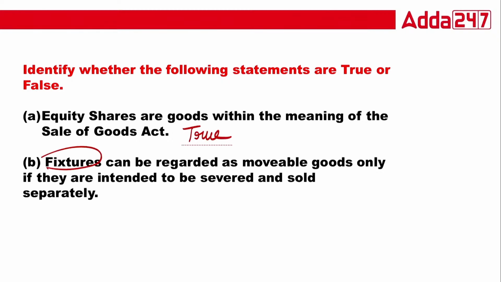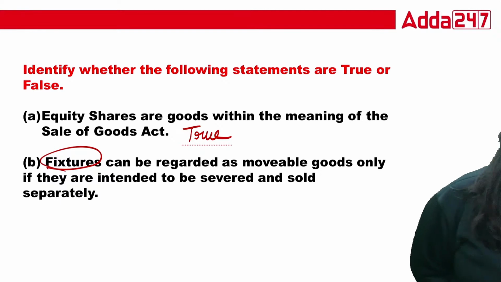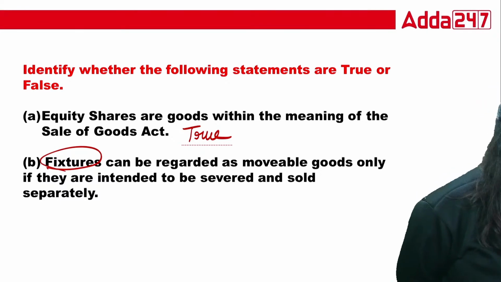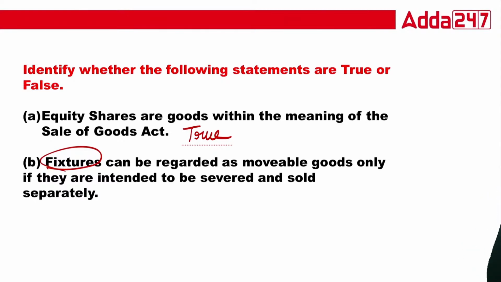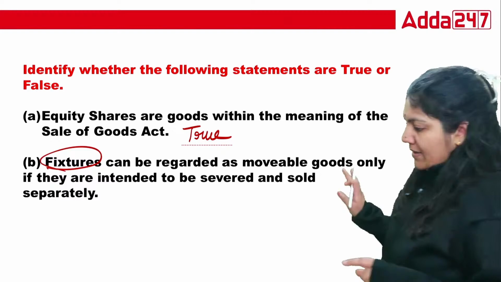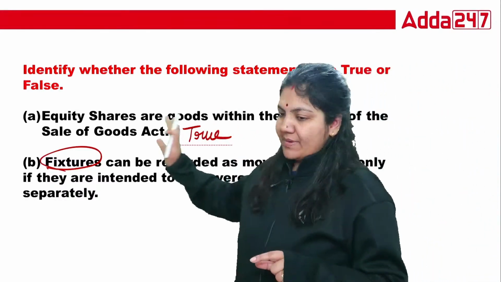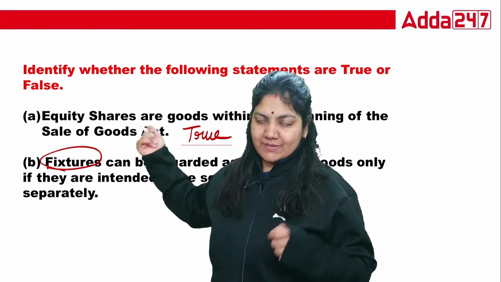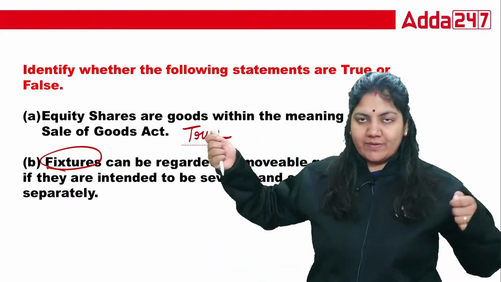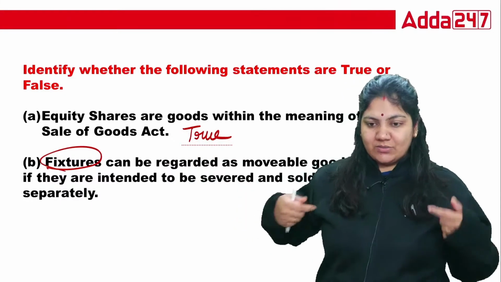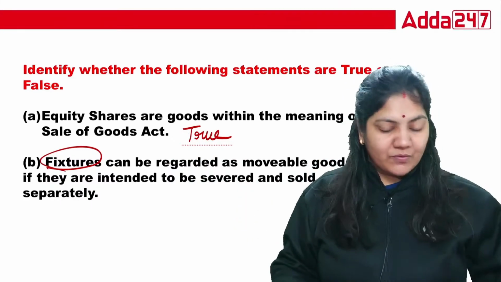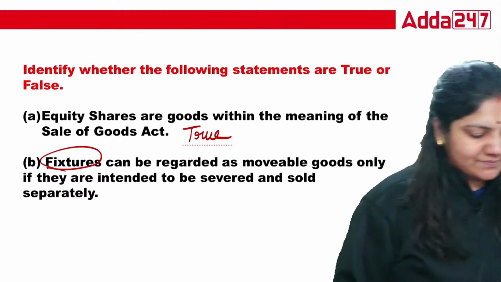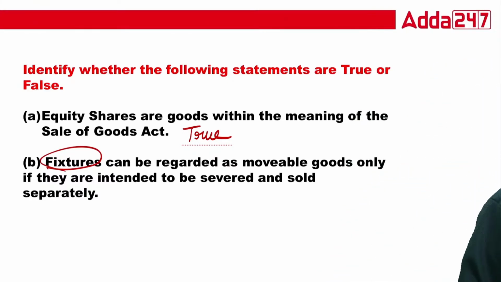Fixtures can be regarded as movable only if they are intended to be severed and sold separately. Fixtures means, suppose something is pasted on my wall. That thing is immovable. When I sever or separate it, can it become movable or not? The answer is absolutely true.